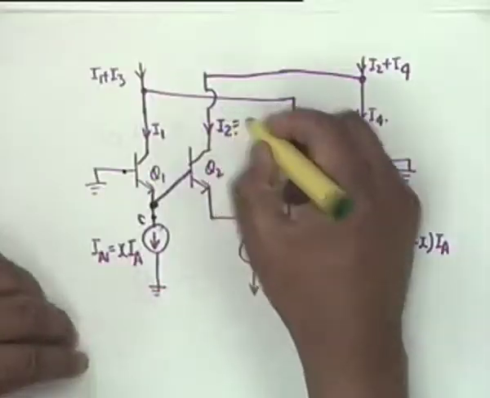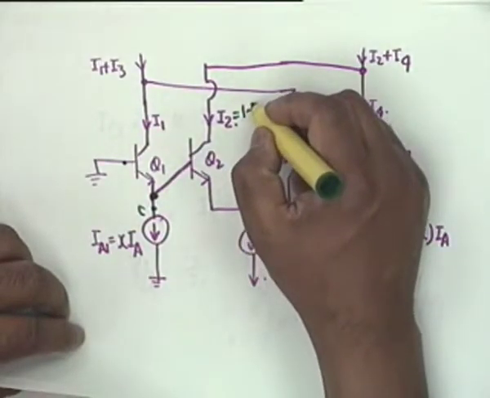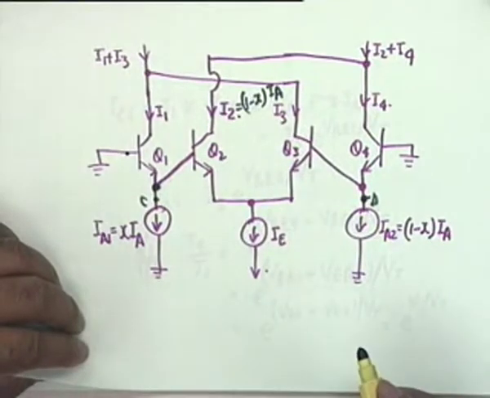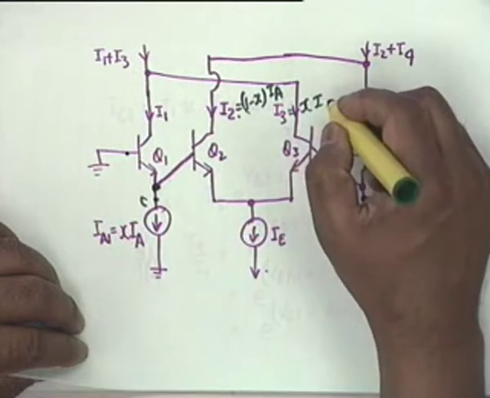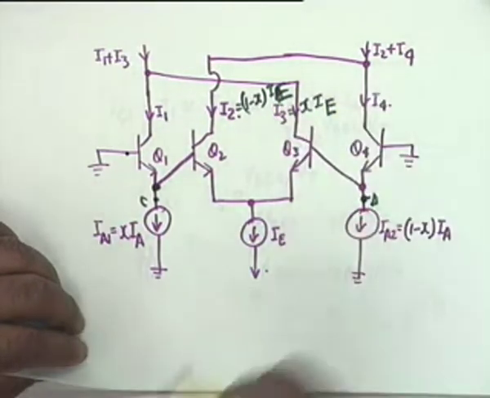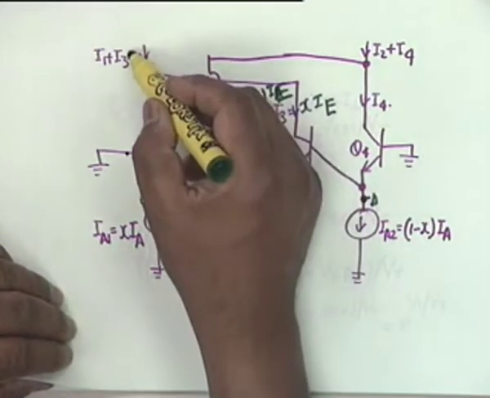This I2 is 1 minus X IA, alright, and I3 is X IE. Okay, so what is I1 plus I3 then?